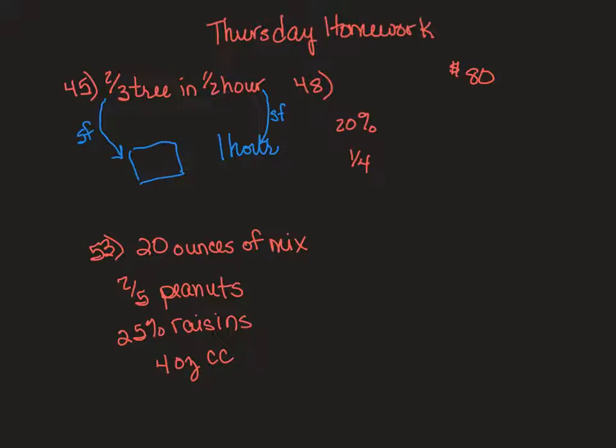And 48 and 53 are very similar, which is why I put them together in this homework assignment. So in 48, we have Avery out mowing lawns. I don't know if she is, but in this case, we're just going to assume that she's out mowing lawns for $80 in cash for mowing each lawn. So this is what she did with the $80.